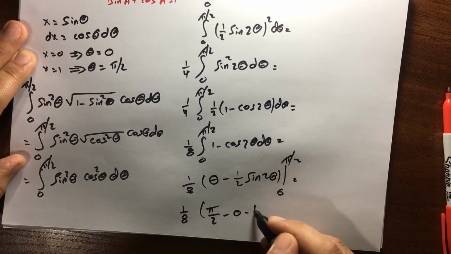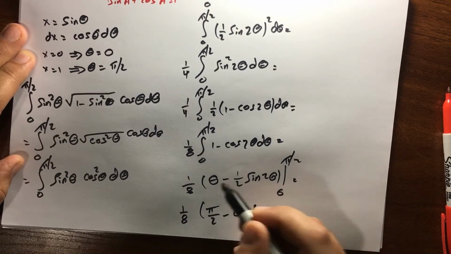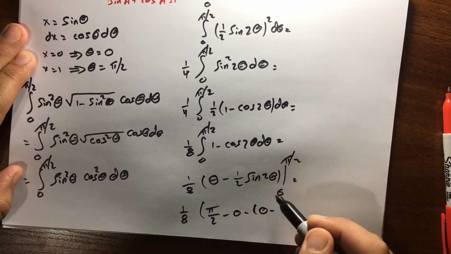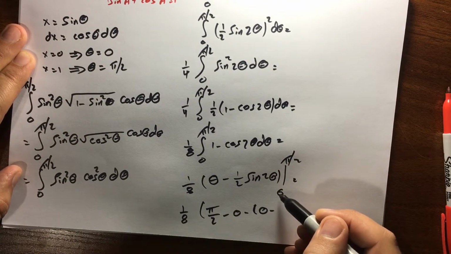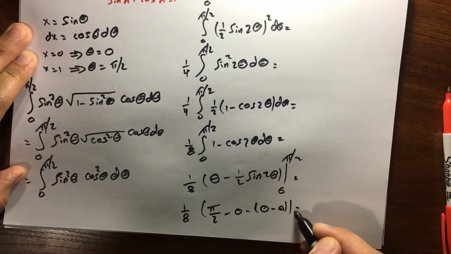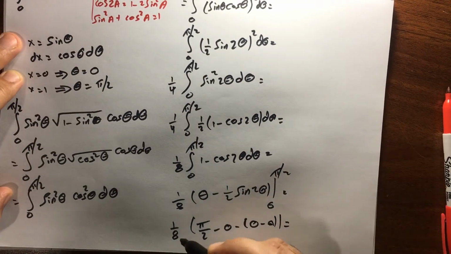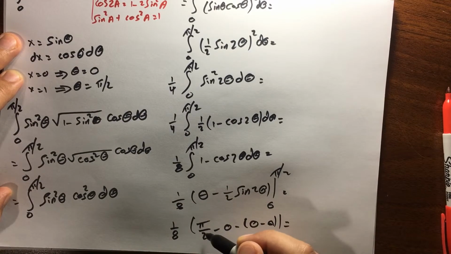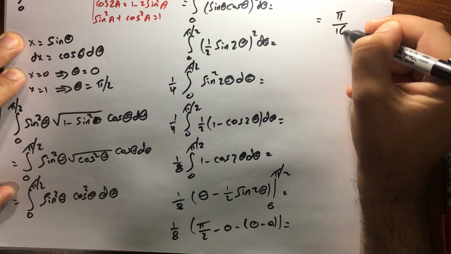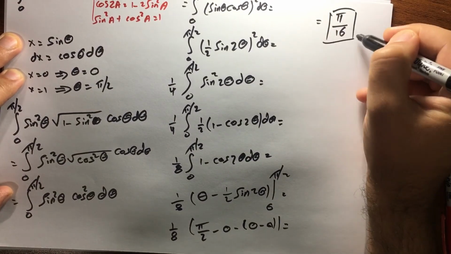Then minus the lower limit of the integral, 0, minus sine 2 theta; when theta equals 0, we also have 0. So this equals 1/8 times pi over 2, which equals pi over 16, and this is the final answer.